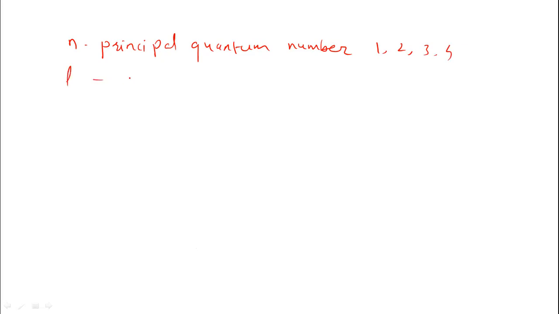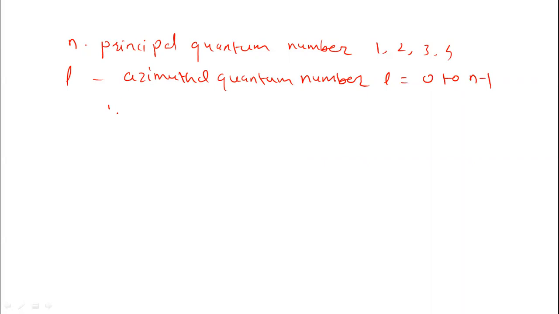L is the subsidiary or azimuthal quantum number. It has the values from 0 to N minus 1.